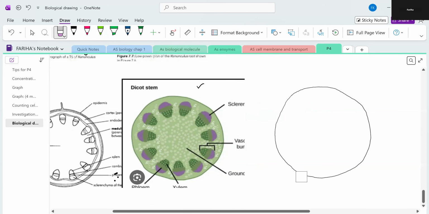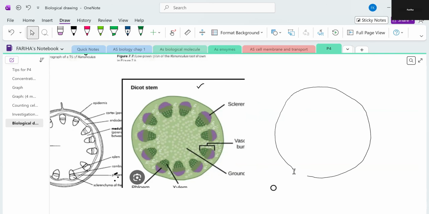I will lose 1 mark for this discontinuity. There shouldn't be any discontinuity in the drawing. Now don't judge me, because you cannot penalize me. And then we need to draw it with a double line.